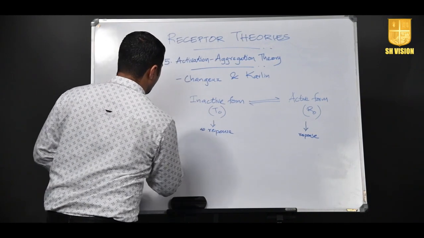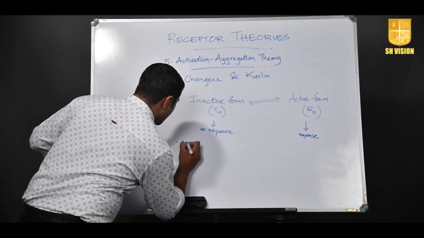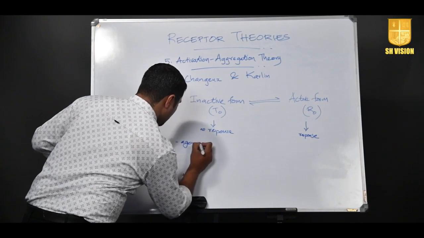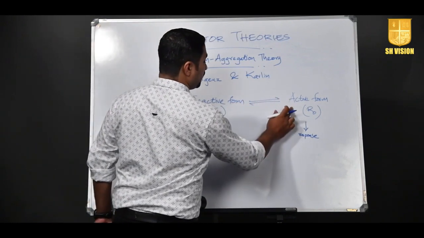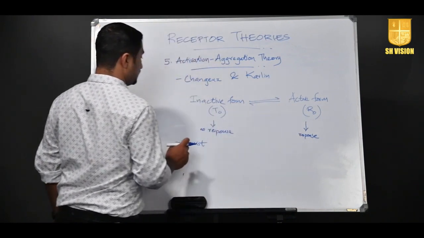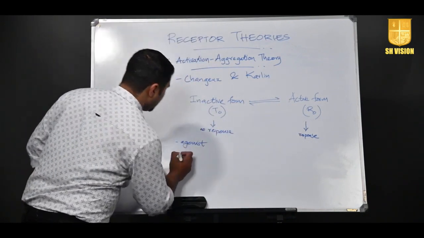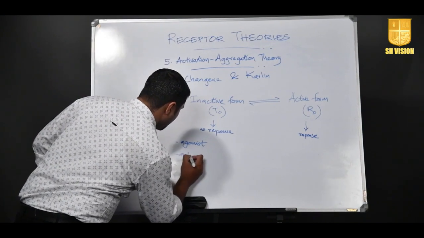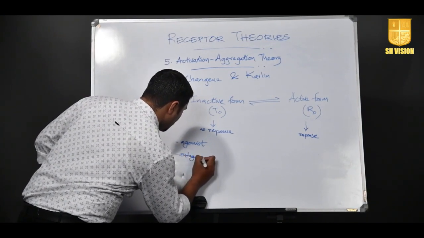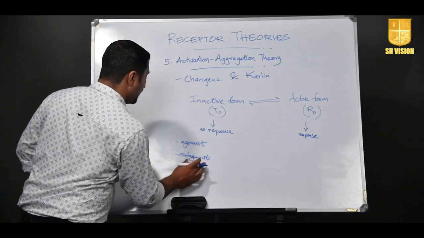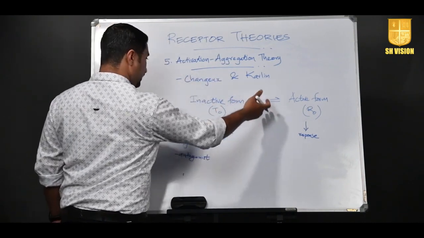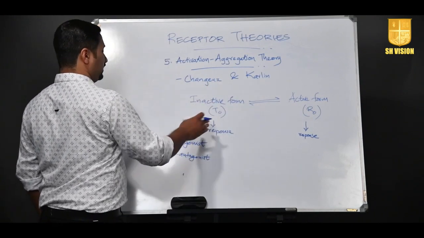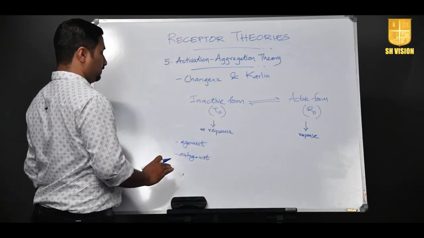That is, for an agonist, the agonist will bind to the active form and will give you a response, while the antagonist will bind to the inactive form and shift the equilibrium towards this side and will give no response.